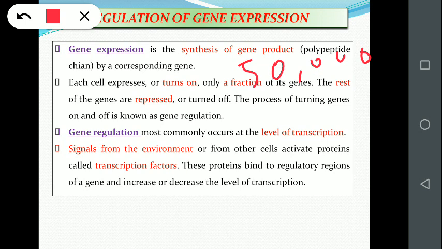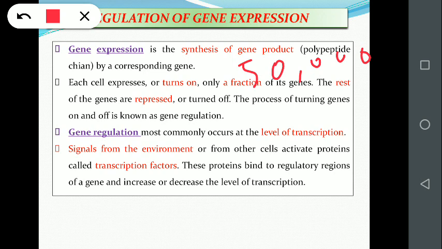When we look at all these 50,000 genes at any particular moment, only a few genes will be in active form. Only a few genes will be expressed and all the remaining genes will be repressed. That means they are in switched off form. Only a fraction of genes will be in switched on form, and all the remaining genes will be in switched off form. So how is this switching on and switching off going on?